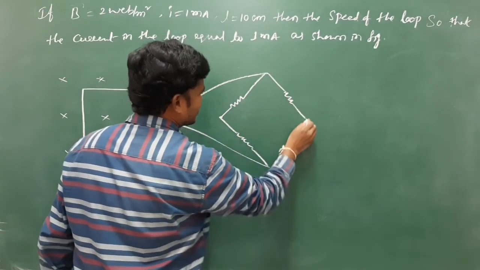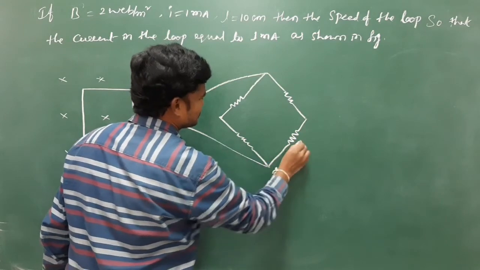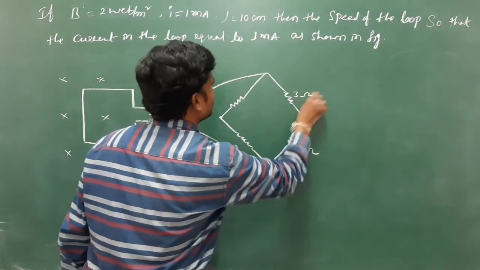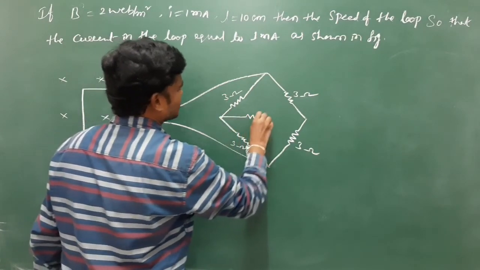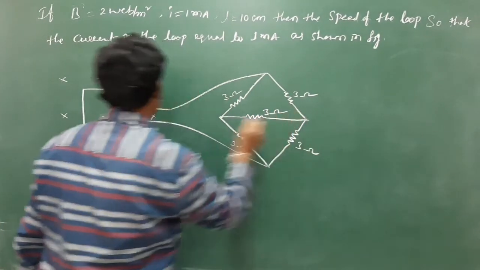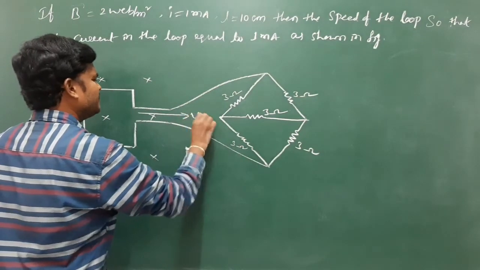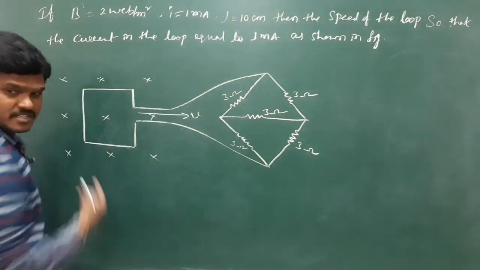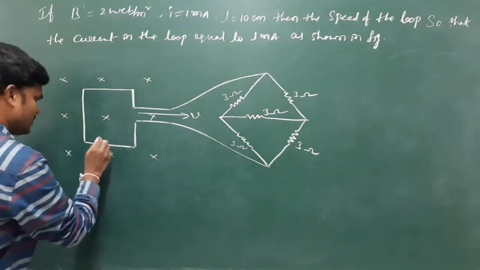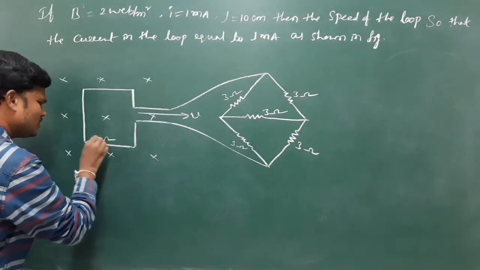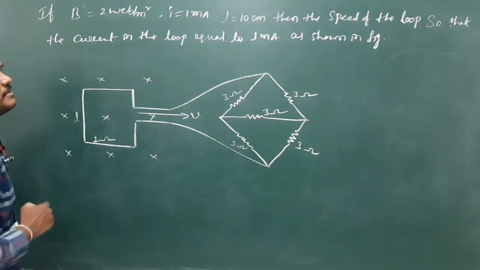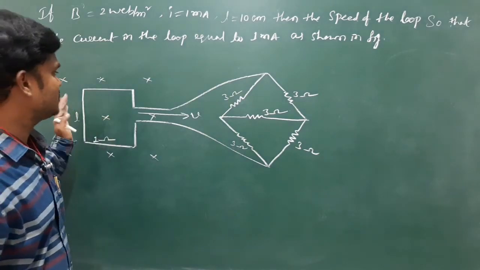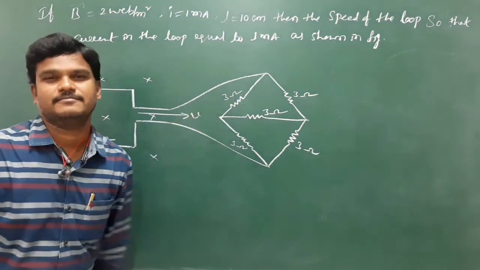They given all resistances are the same. 3 ohm, 3 ohm, 3 ohm, 3, 3, and this moves with a speed v. Resistance of this one is also given, 1 ohm. Length is given 10 centimeter. This loop is moving with a speed v. Try this.